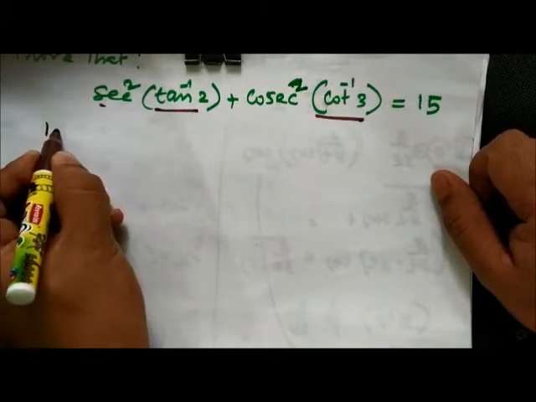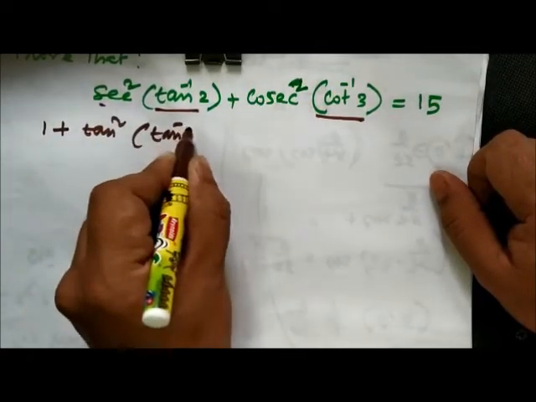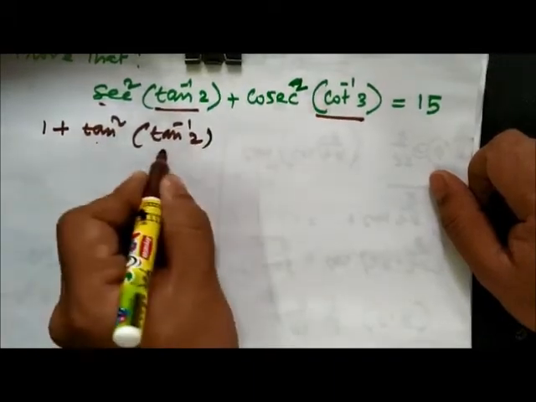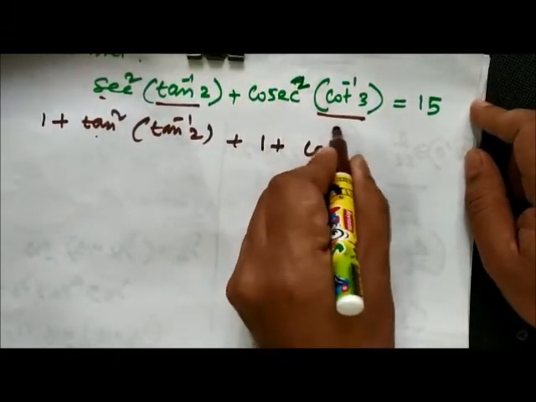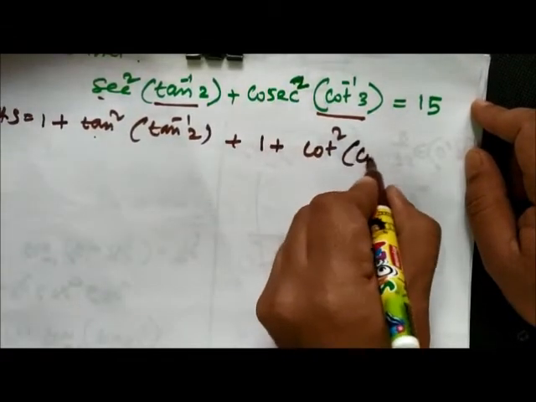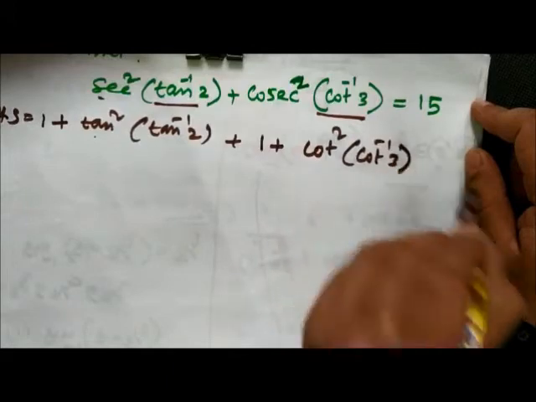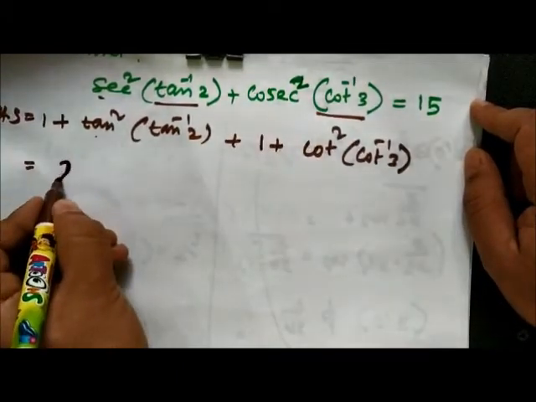Sec square is 1 plus tan square, for this tan, this whole thing is theta. Cosec square is 1 plus cot square. Of course, I am starting with the left hand side. Cot square, cot inverse 3. Now, this is 1 plus 1 is 2.